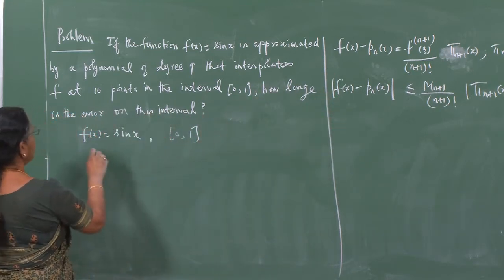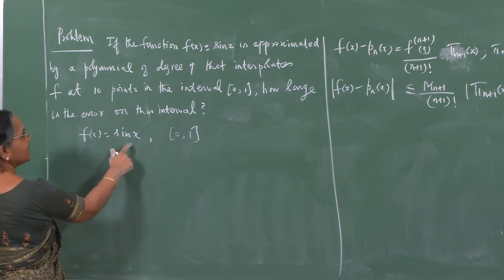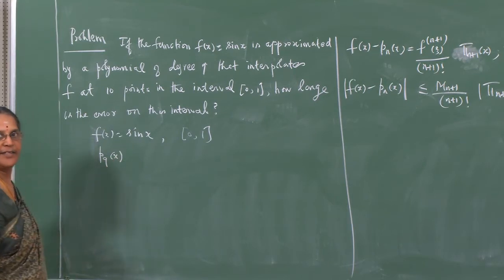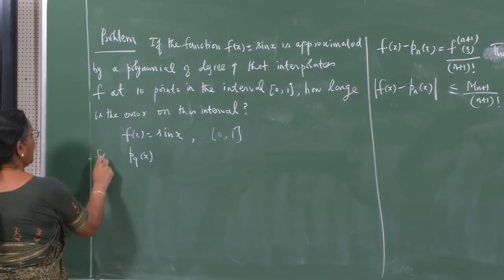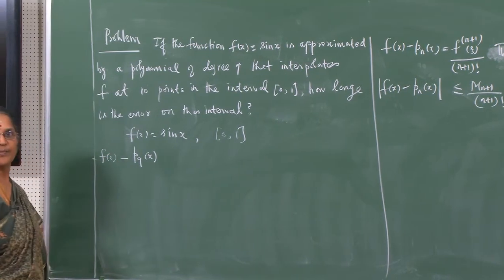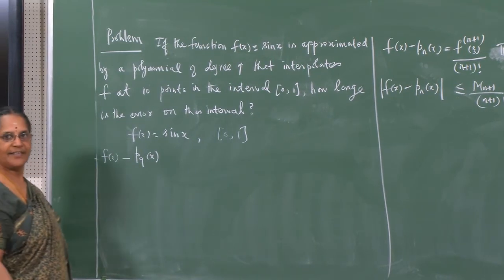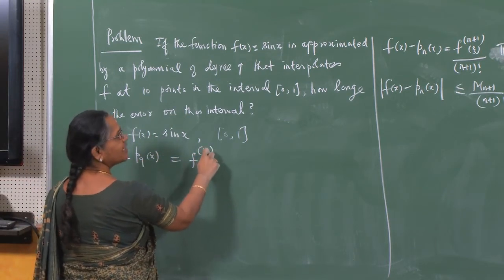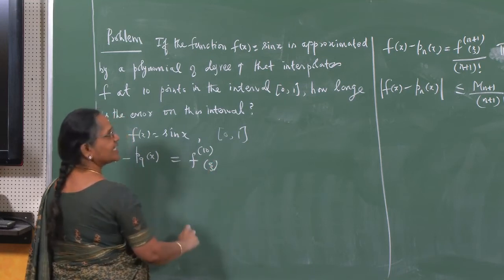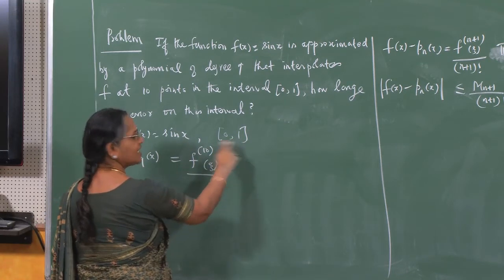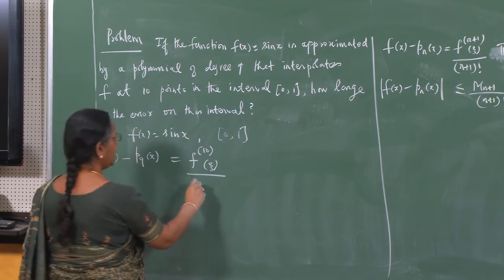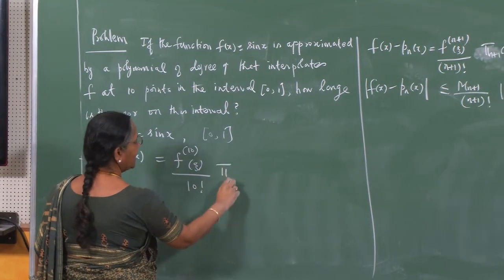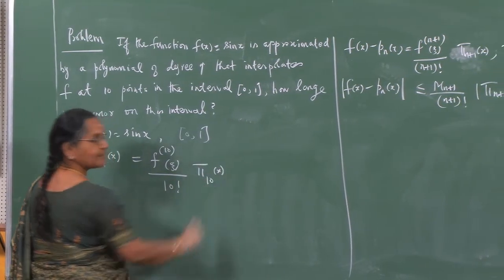The function is approximated by a polynomial of degree 9, so we would like to find what f of x minus p9 of x is. The theorem says it is equal to the 10th derivative of this function at some psi belonging to the open interval 0 1, divided by 10 factorial, multiplied by pi 10 of x.